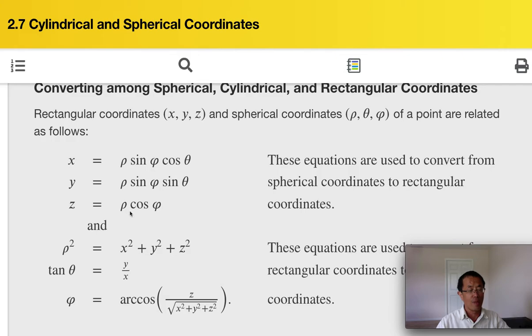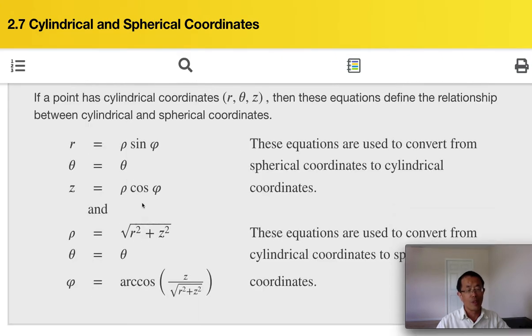Accordingly, you have these conversion formulas, and the textbook just showed and explained them. If you realize this part, it will make the conversion formulas a lot easier, between rectangular and cylindrical, and between rectangular and spherical.